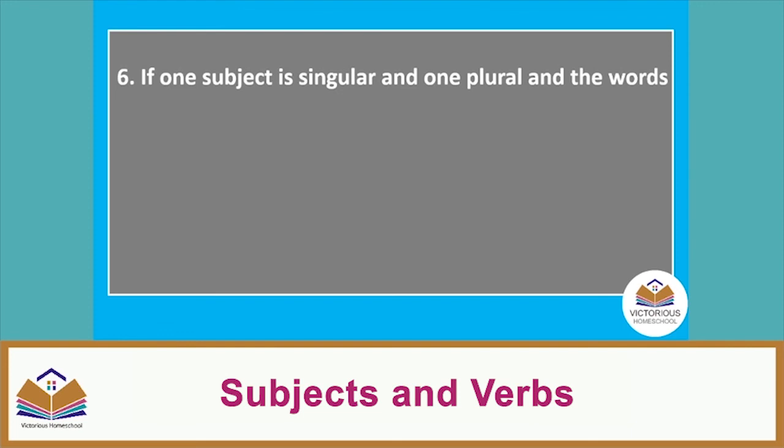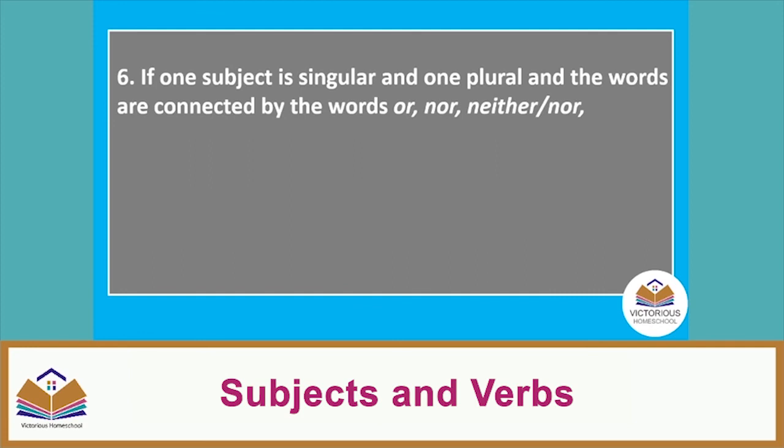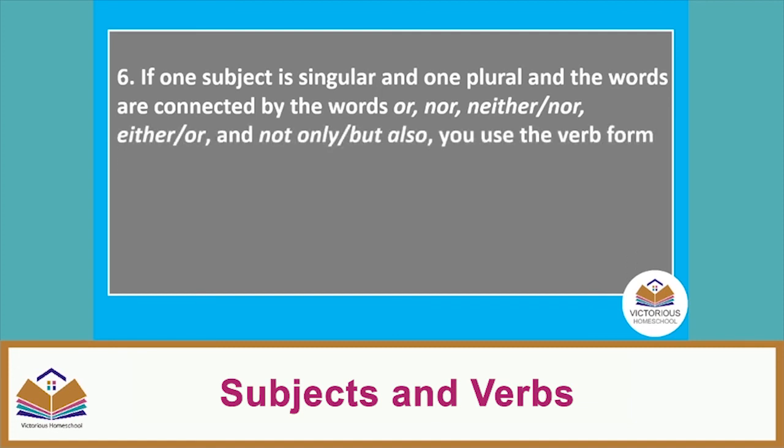If one subject is singular and one is plural, and the words are connected by or, nor, neither nor, either or, and not only but also, you use the verb form of the subject that is nearest the verb. This is such a mouthful, but let's look at it in an example.